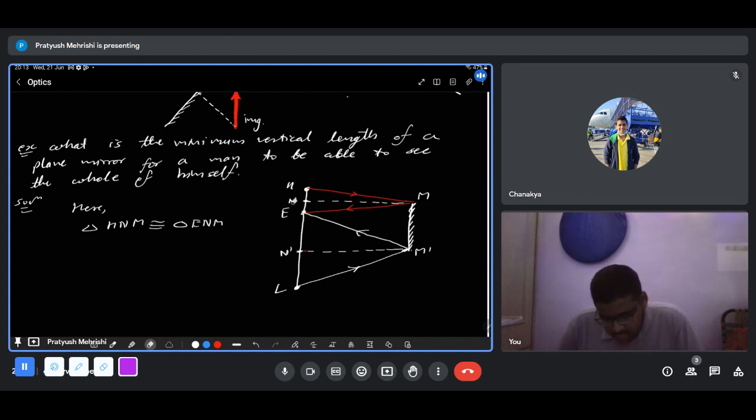This small triangle is congruent to the small triangle above. It means EN is equal to NH. Both of them are equal.